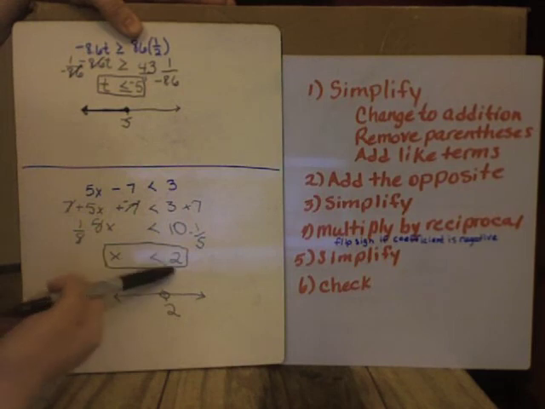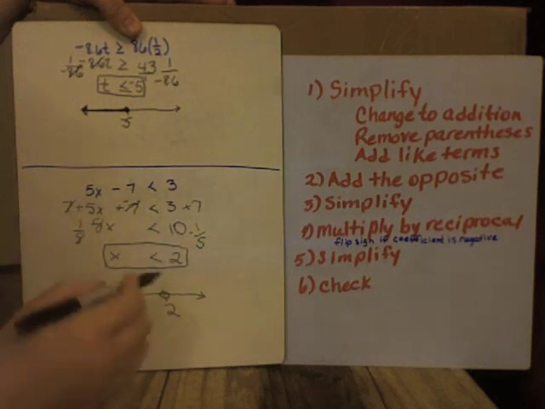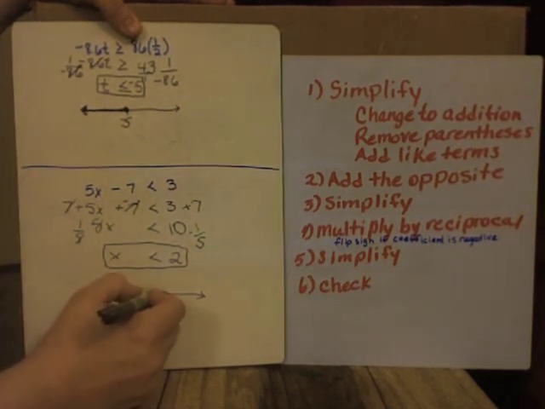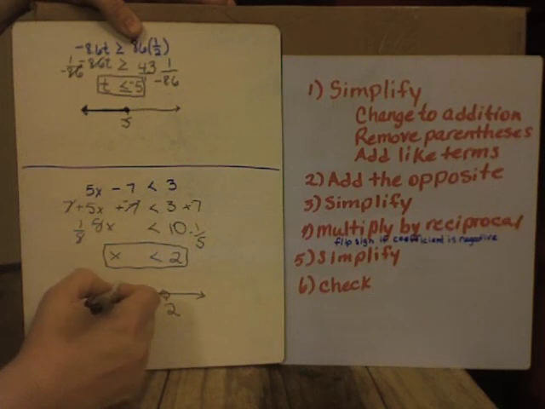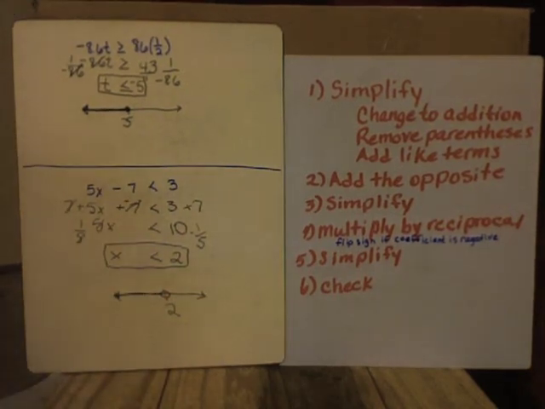And the inequality points towards the x, so that means that the part that we graph is less than the 2, so it goes off to the left. Darken in the arrow to show it keeps going. What this indicates is that x can be any answer that is less than 2.